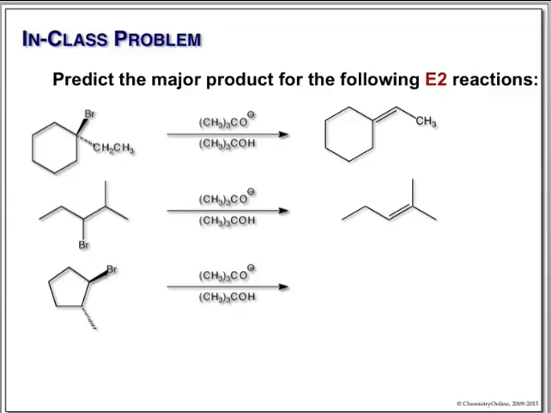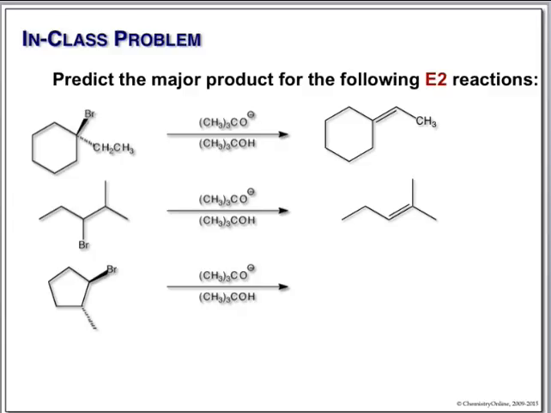Now with this guy, we have a methyl group, and we have a bromine here. Bromine's our leaving group, right? We could imagine pulling off this hydrogen. That would give us a double bond across here, right? That double bond would be tri-substituted, and that's good.